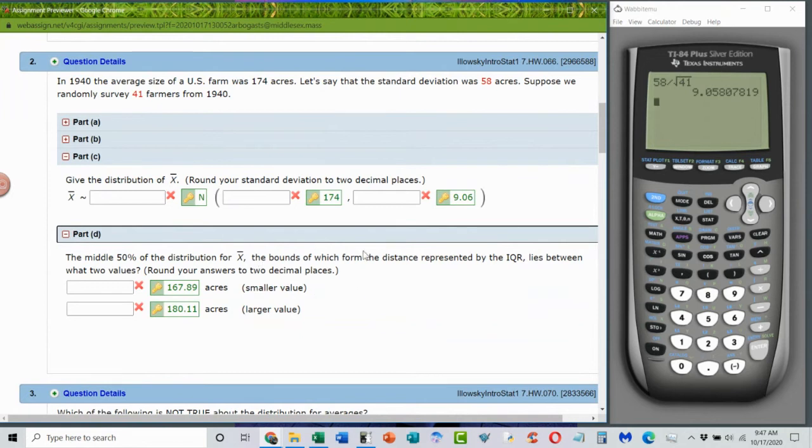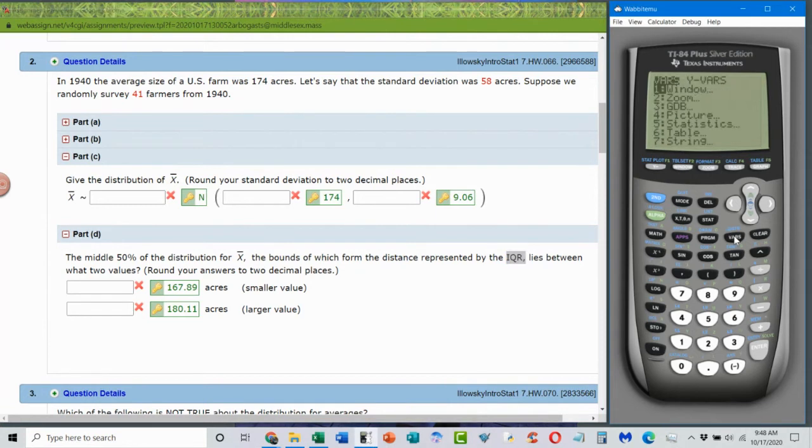And so here they want to know, what is the interquartile range? That means the lower 25% and the upper 25%. So 25% of the values are less than what, and 75% of the values are less than what. And so we go to our distributions. Because we know the area of the curves, we're going to use inverse normal.